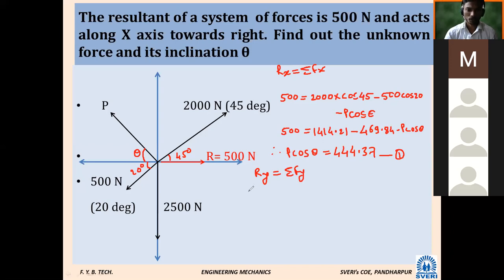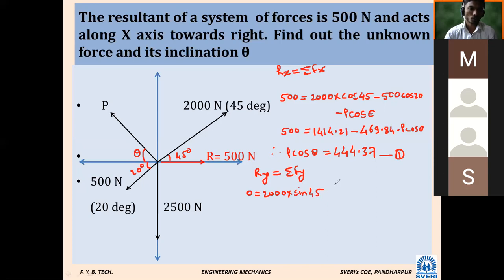It will be 0. So 0 is equal to, now take the first force. Suppose we take 2000 into, what will it be, sine or cos? Sine. 2000 sine 45. This force is over.